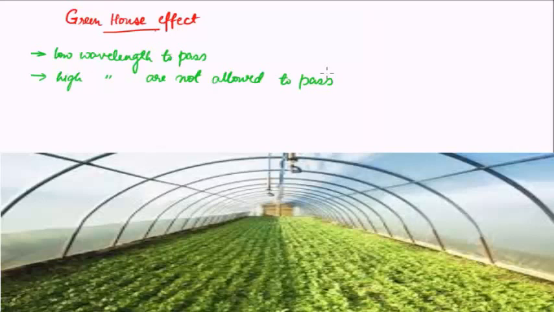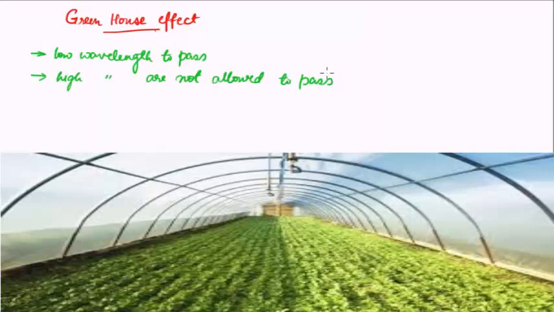Because radiation, which is a form of energy, is coming in, but it is not able to escape out. So there is a net accumulation of energy inside the glass house, and as a result, the temperature inside is maintained relatively higher than the ambient temperature, the temperature surrounding.